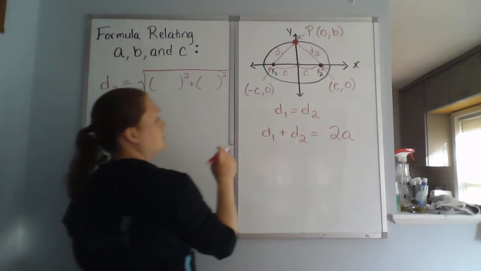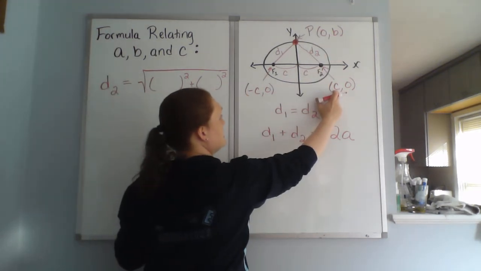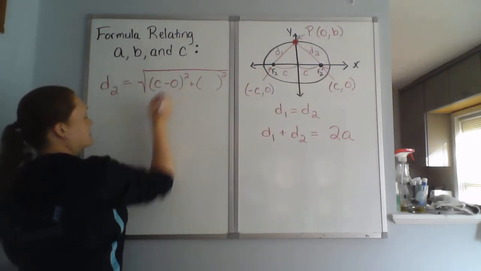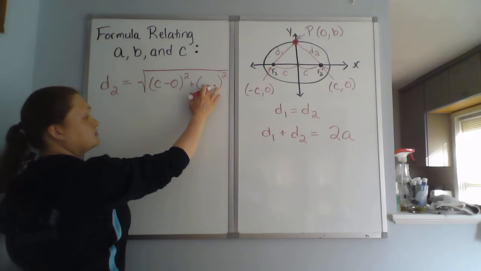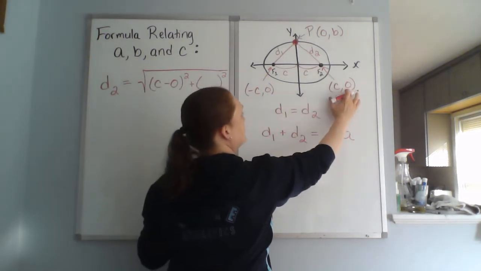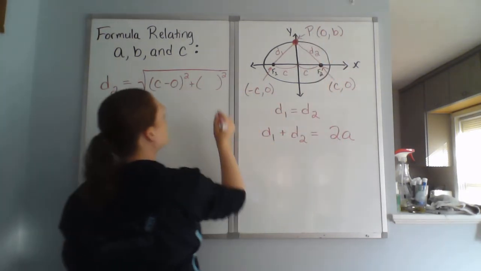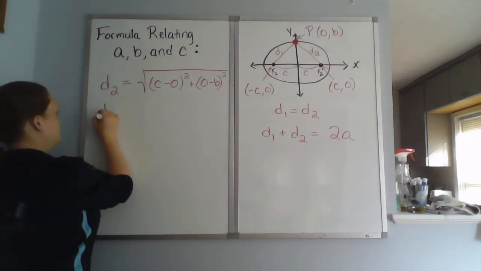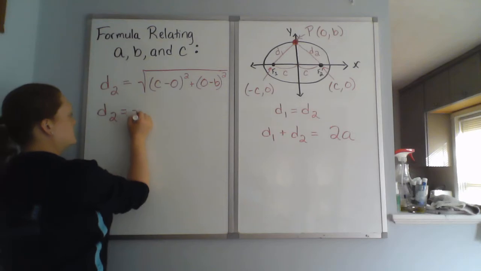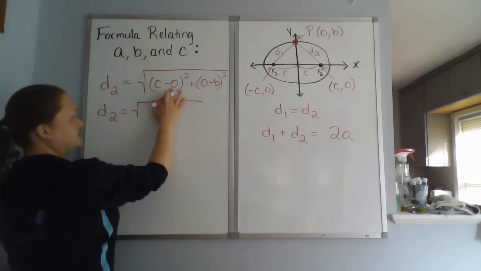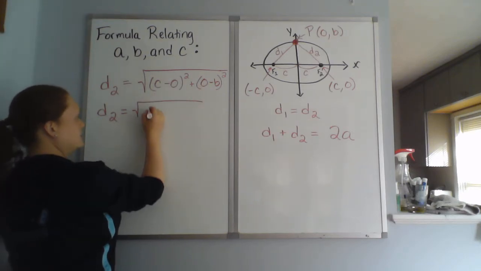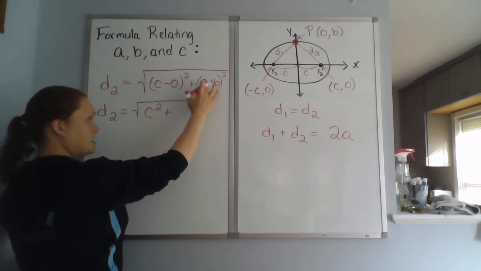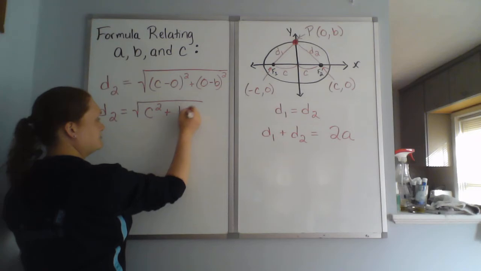So the distance between the x values is c minus 0. So this is (c minus 0) squared. The difference between the y values is (0 minus b) squared. Okay, so d2 is equal to the square root of, well, c minus 0 is c squared, plus 0 minus b is negative b squared, which is positive b squared.